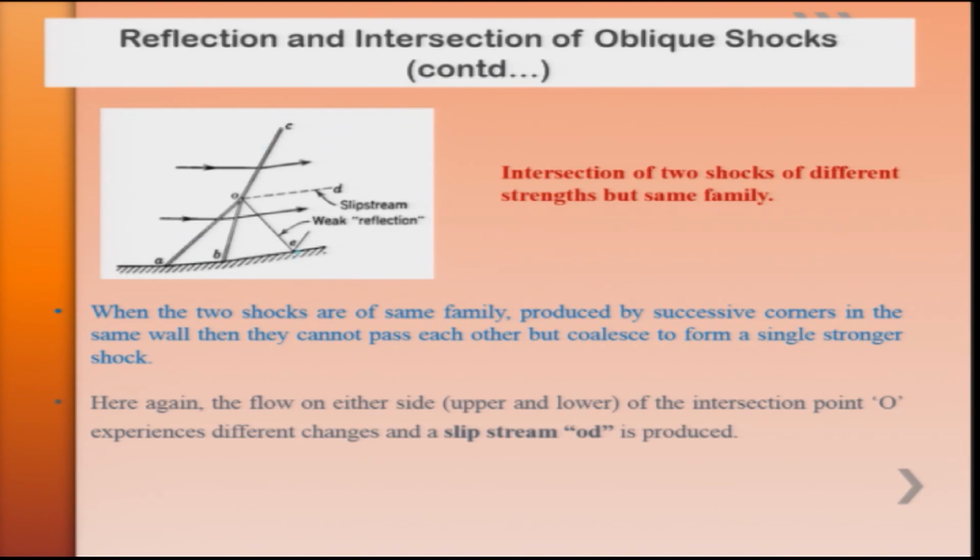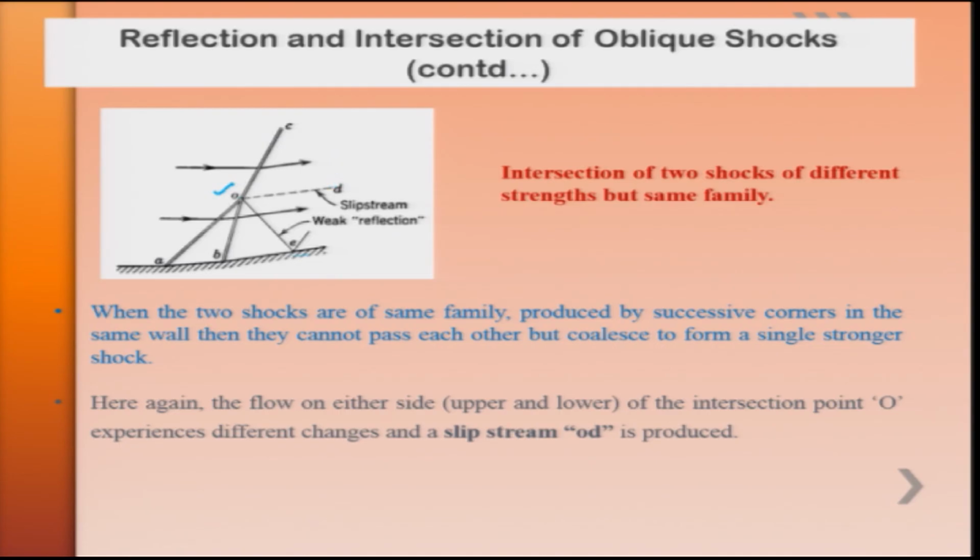Since these are of the same family, they do not intersect and pass through. If AO is the first shock wave, which has higher strength than the shock wave BO, what happens when they meet at the point, let us say O, is that this weaker oblique shock wave attenuates this shock wave and transmits into shock wave OC, whereas one reflected shock wave OE is also formed, and because of this unequal strength, the slip stream, which should be parallel along the surface, is generated in the form of OD.